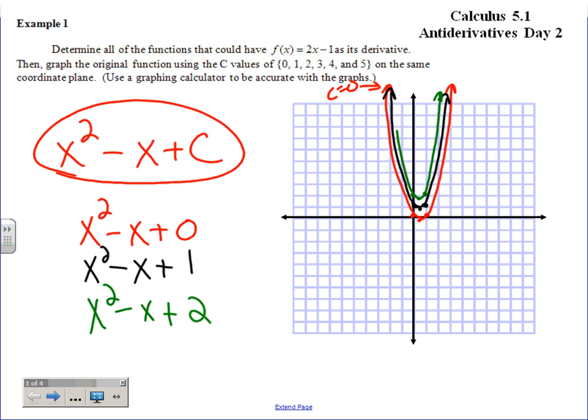And I'll show you how to do something like this on your calculator, but for right now, we'll just do it like this. I think you're getting the idea. We'll just do one more because I have one more color. Of course, I can get more colors, and you get the idea.